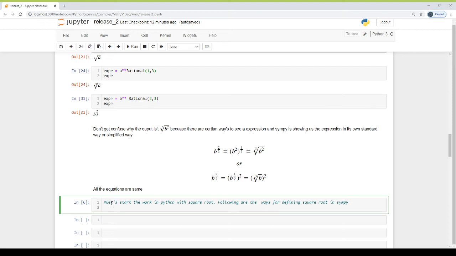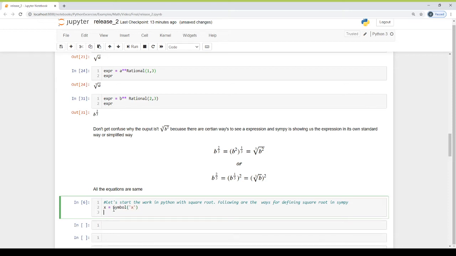Next we will print the expression. x is equal to symbol, we defined a symbol, that is x. f is equal to, we here are printing an expression which contains radicals or rational exponents, 6 minus x square.